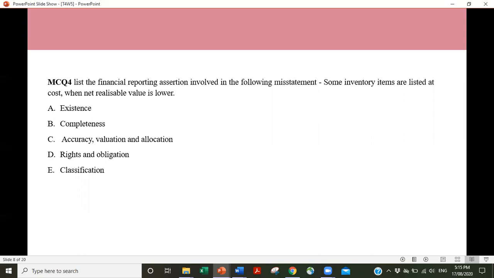The audit procedure might be to test the price, or to test the value of the inventory items.